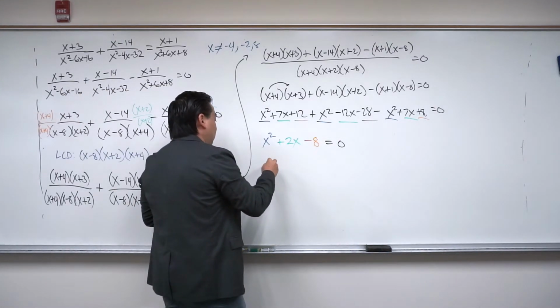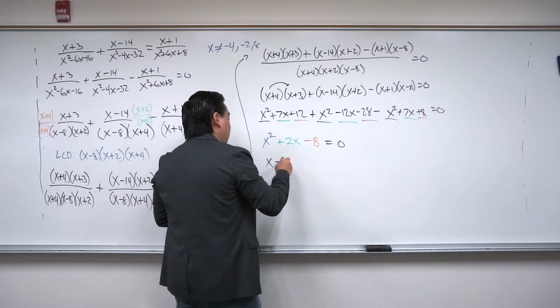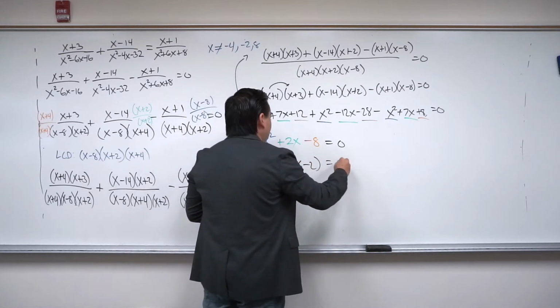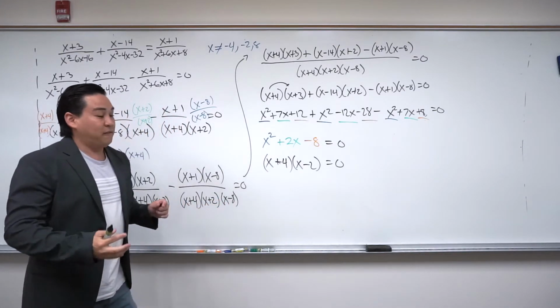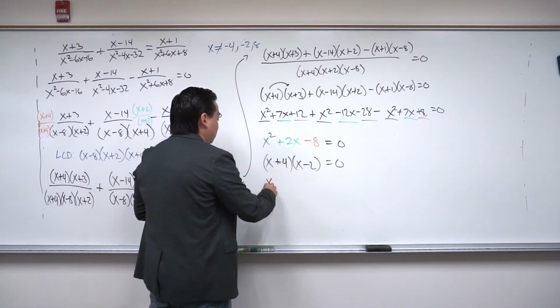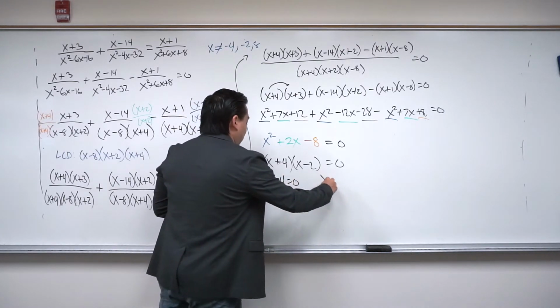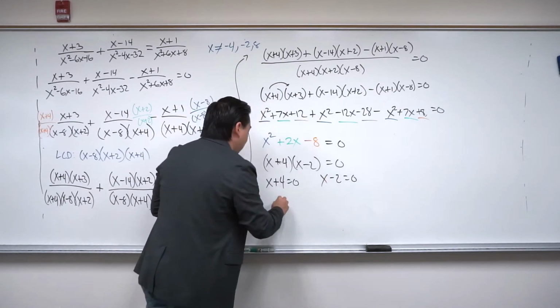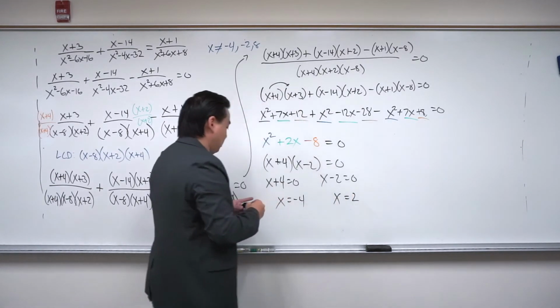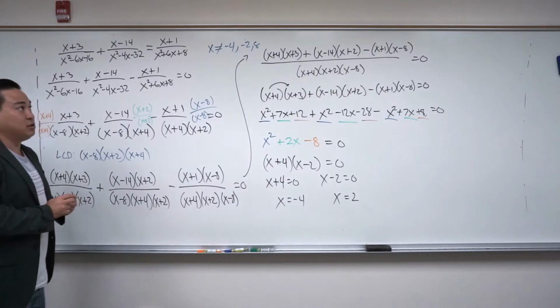It is factorable. It's x plus 4 times x minus 2 is 0. Once you have factors equal to 0, again, set them each equal to 0. So here, x is negative 4, or x is equal to 2. So those are our two possible solutions.